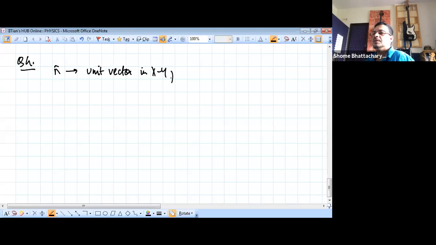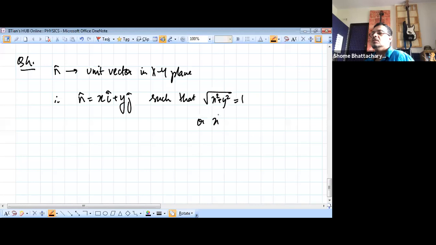It's in the xy plane. So we can say that n cap must have some x component, let's say x i cap, plus some y component y j cap, such that the square root of x square plus y square should be unity, or in other words, x square plus y square should be equal to 1. That's our first equation.